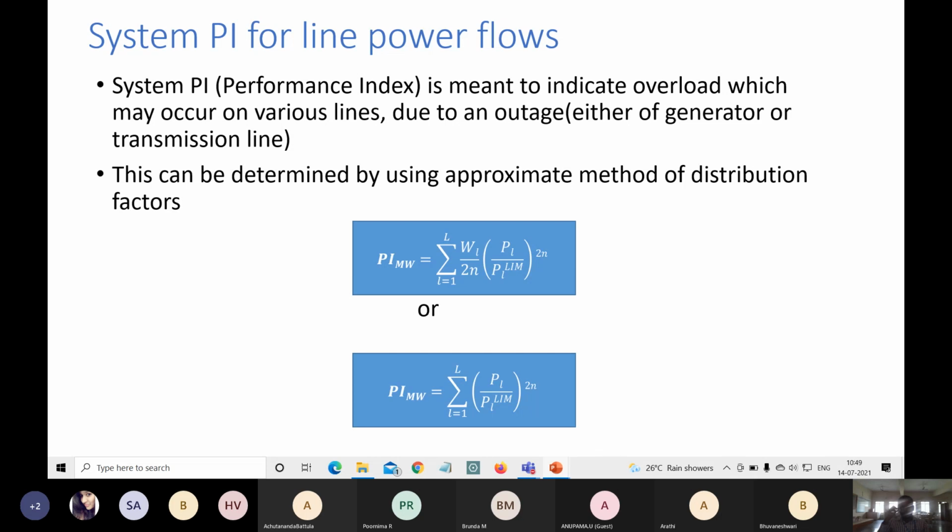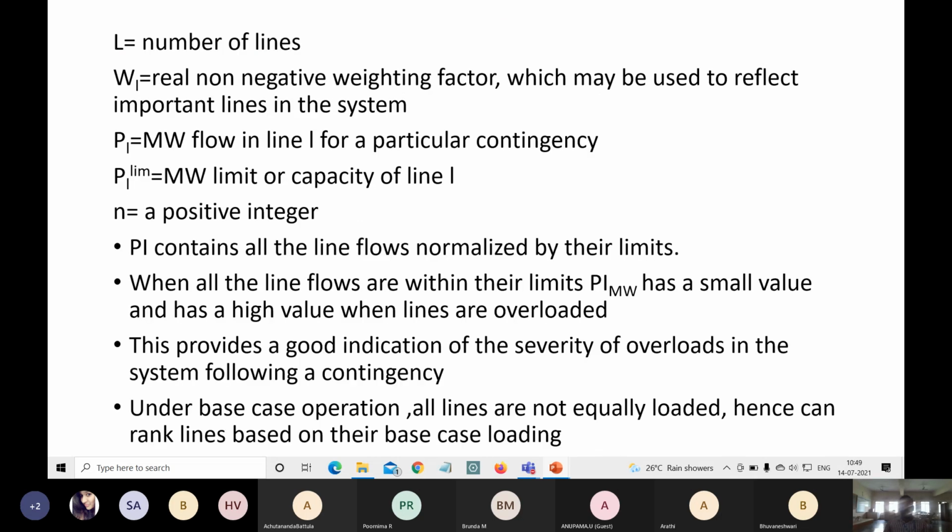Or else you can just neglect this W_L by 2n, and I will explain why it is changed. So PI megawatt equals the sum from l equals 1 to L of P_L by P_L limit, the whole to the power of 2n. This is our equation, where L is the number of lines.